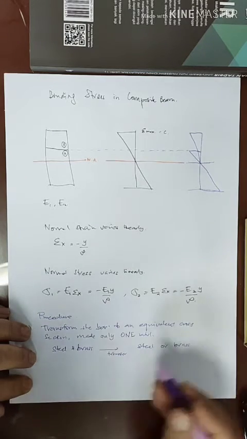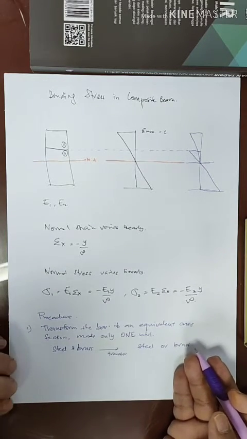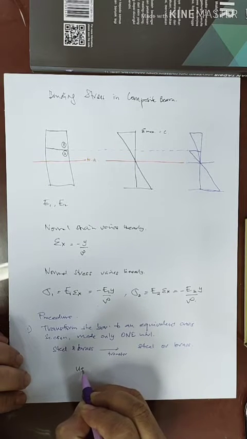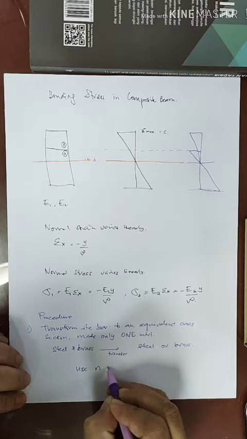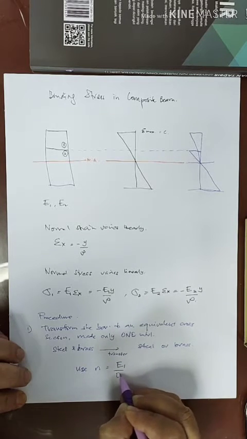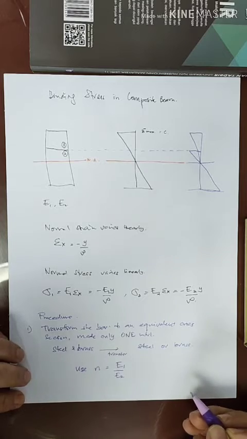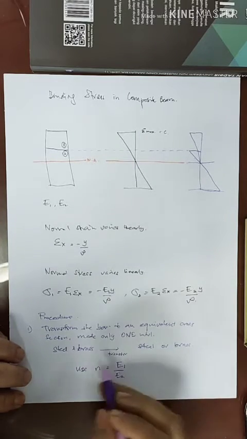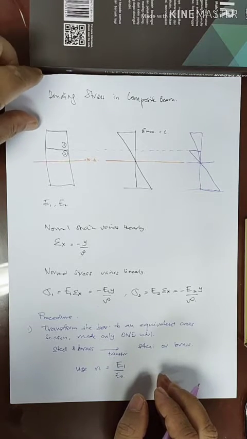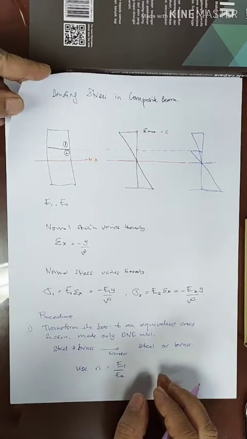So this is the first procedure. You can use n equal to E1 over E2. This I will explain later. Okay, that is procedure number 1.